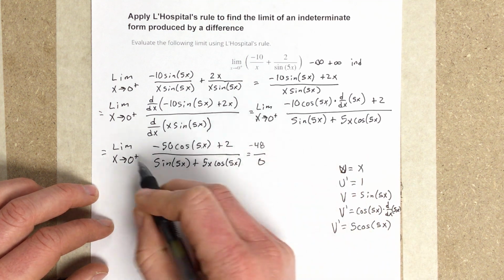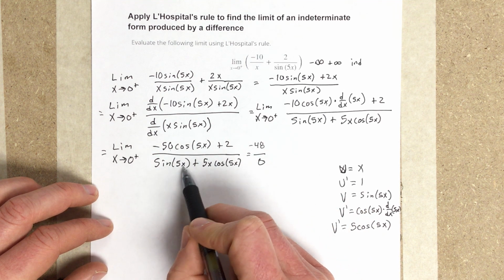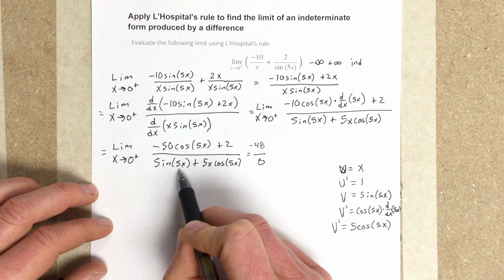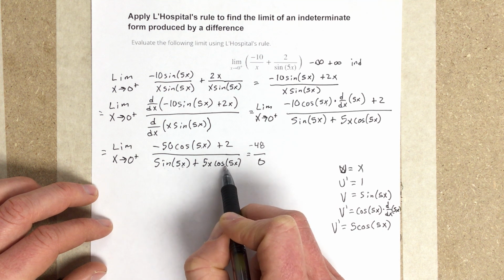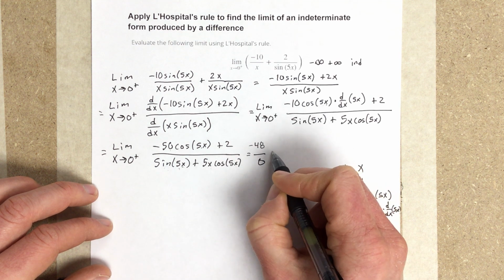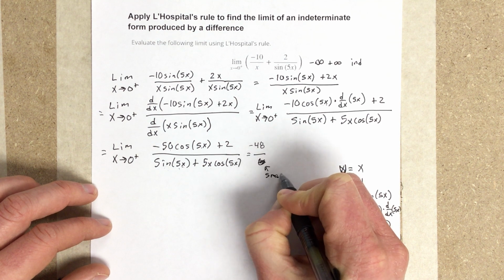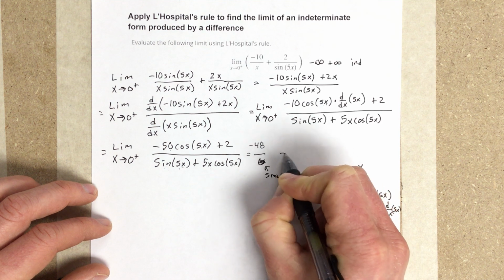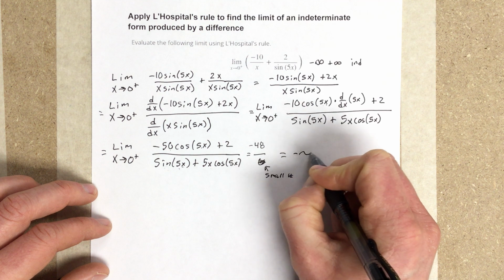But on the bottom, when I plug in 0 from the right, sine of 0 will basically be 0, but this will not be 0. This will be a very small number. And so what ends up happening is I have negative 48 divided by, I'm going to call this not 0, but a small number, which when I do that, I get negative infinity.